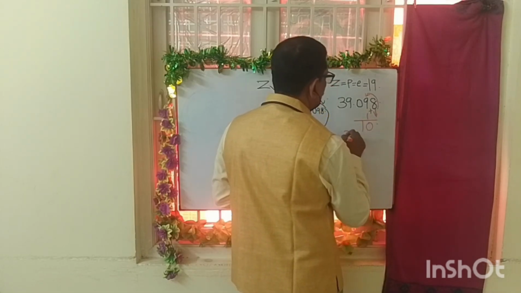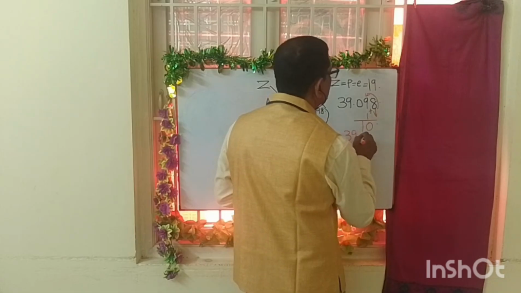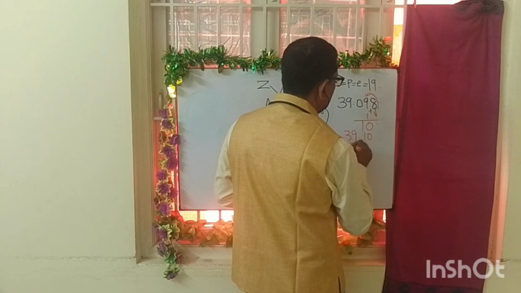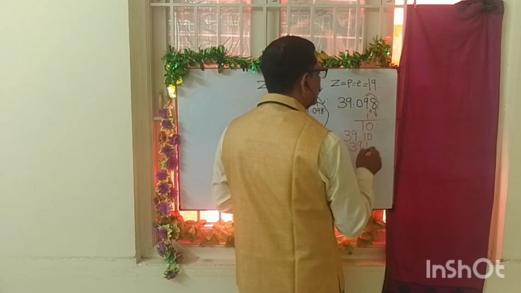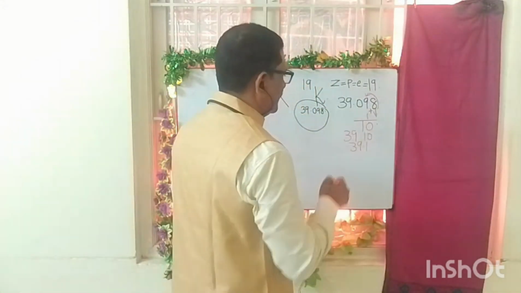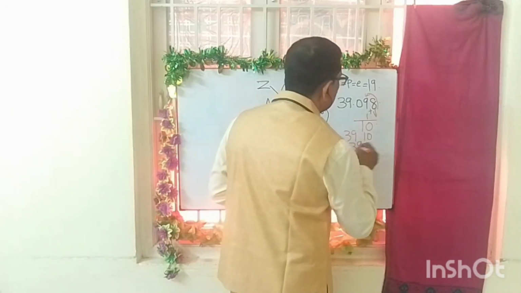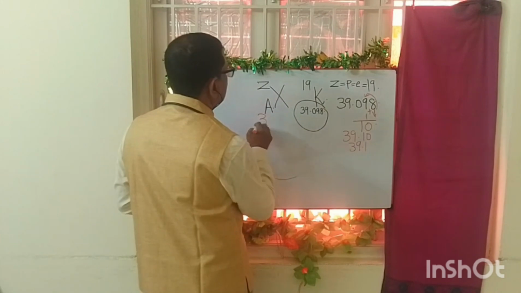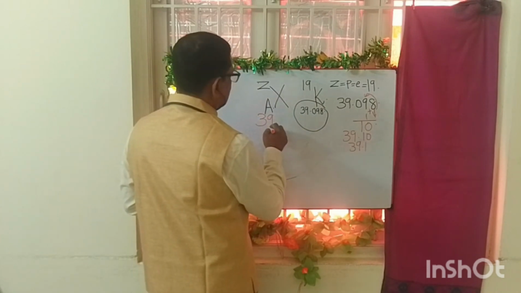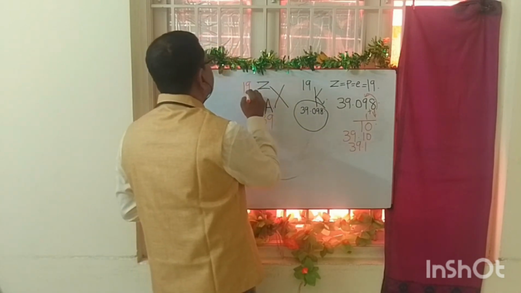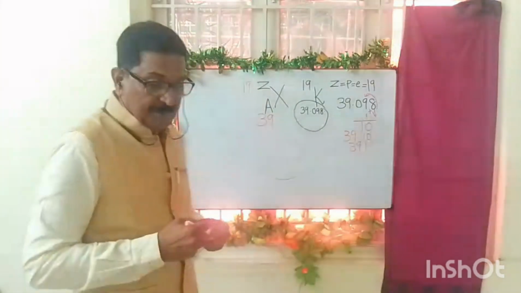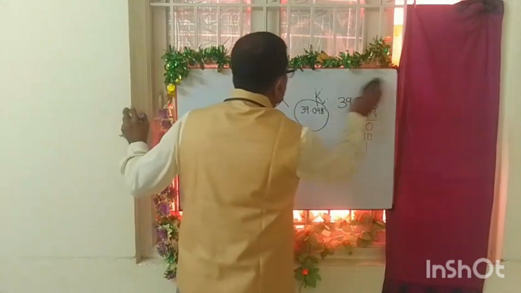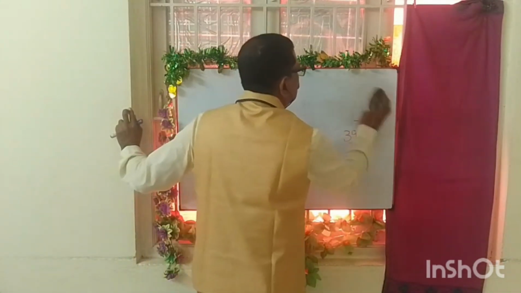So, how will you write this now? 39.10, that is 39.1 only. Since it is less than 5, you can drop that. Ultimately, we get the atomic mass as 39 and atomic number as 19. Yes, it's now easy to do that.